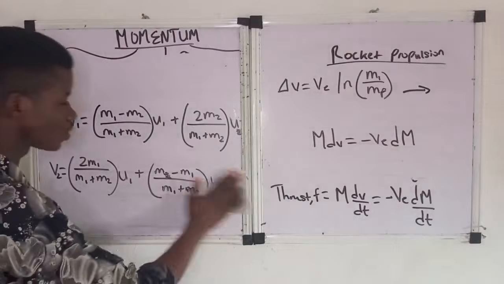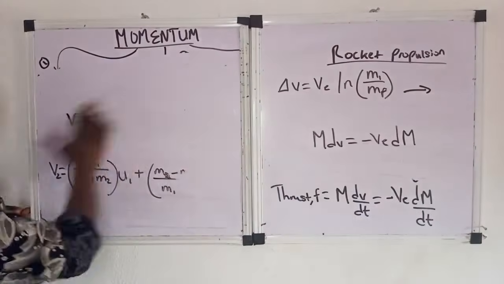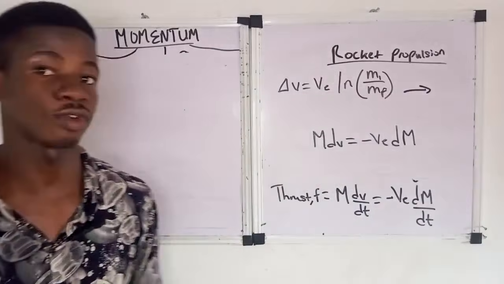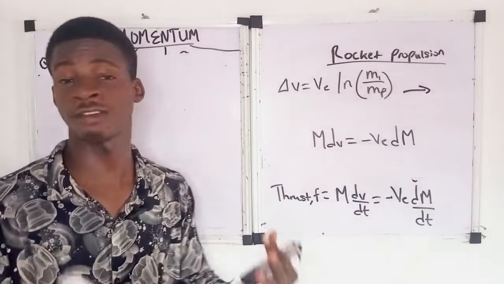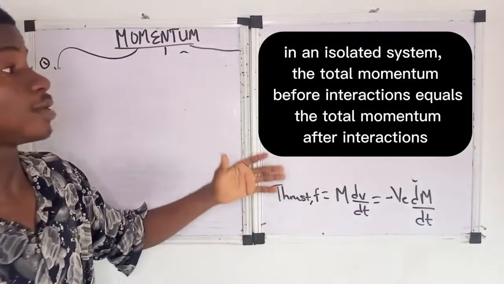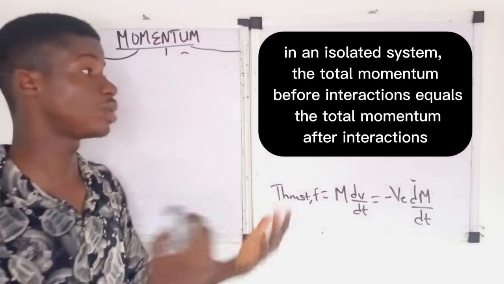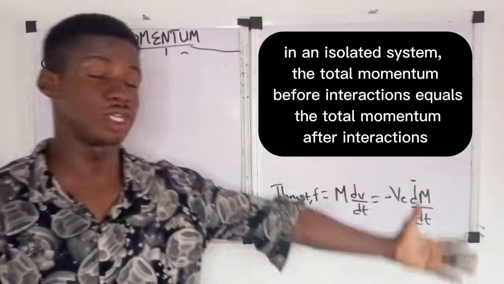Now let's move to rocket propulsion, which is also another application of conservation of momentum. The law of conservation of momentum states that in an isolated system, the momentum before collision equals the momentum after collision, right?